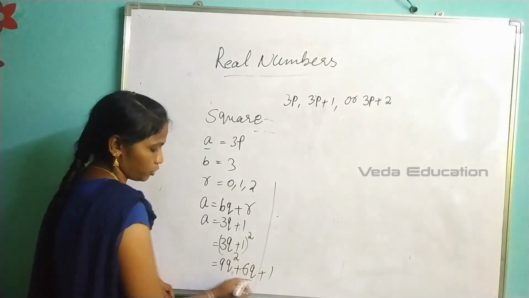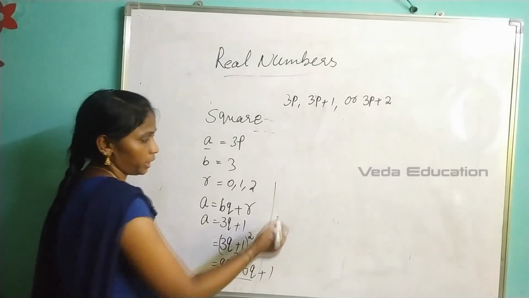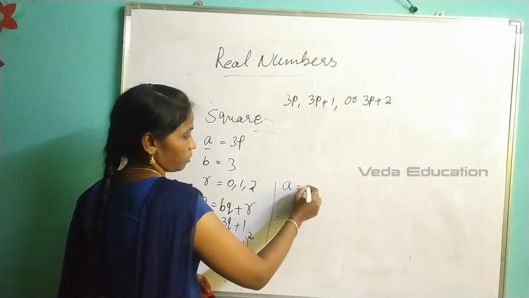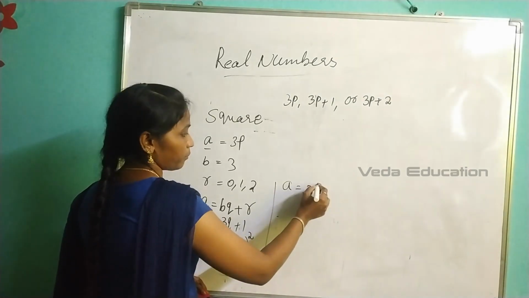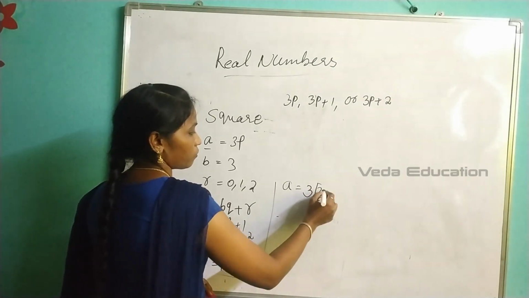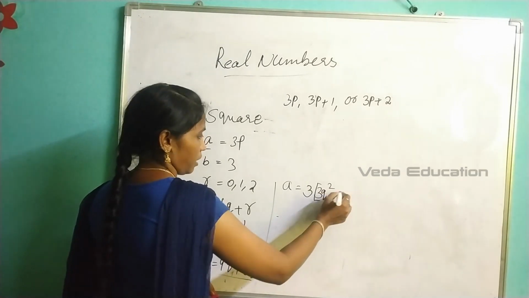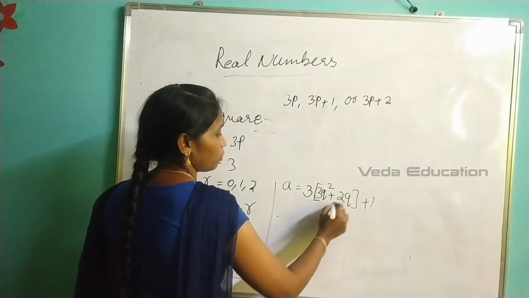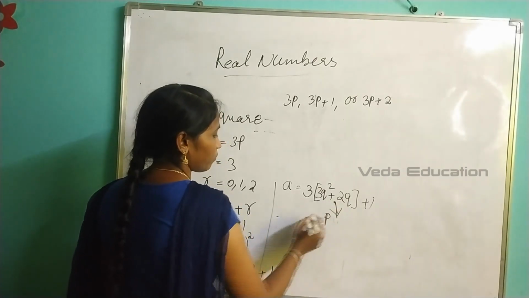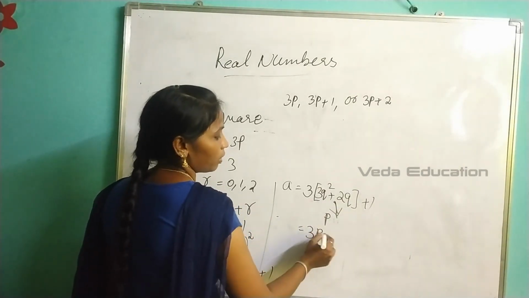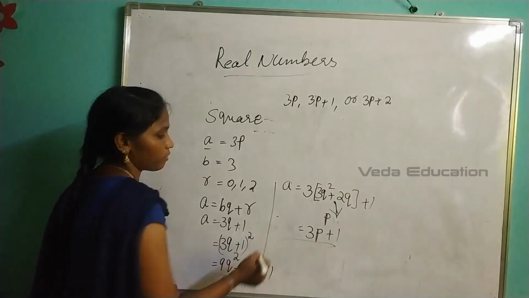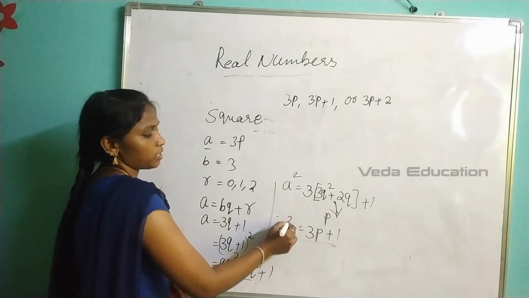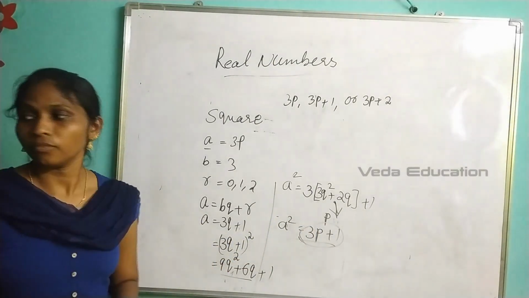Now in the first two terms take 3 common: 3 times 3q square plus 2q, plus 1. Now assume this bracket as p. Now 3p plus 1. So again our square number is in the form of 3p plus 1.